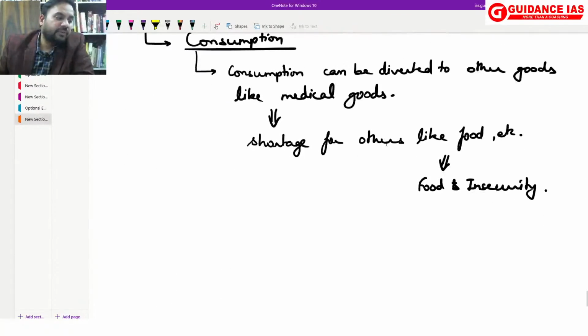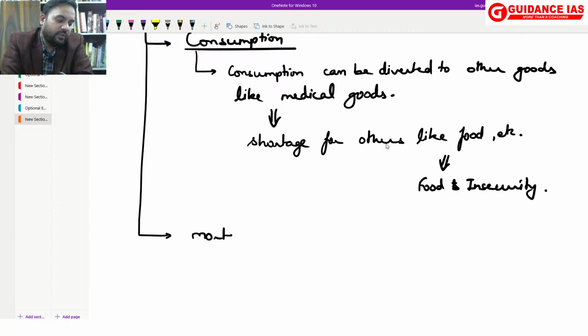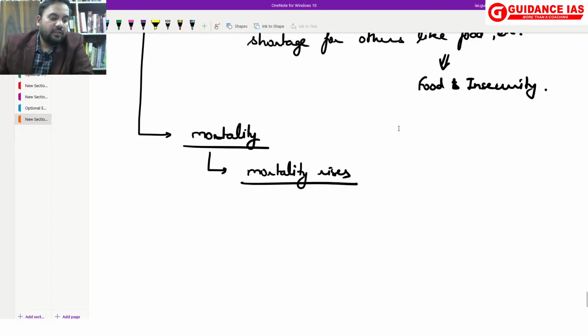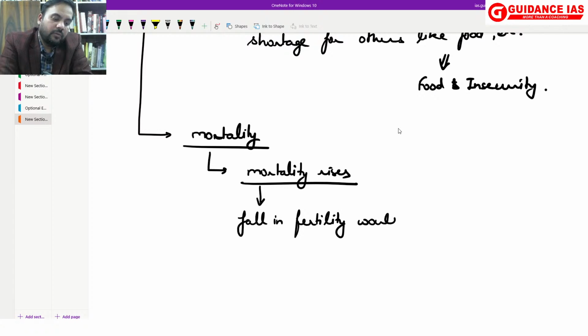And if you want to take the factor of mortality, like suppose you talk about mortality. So in general what happens? Mortality rises in such emergencies. Now, if mortality increases, can I say fall in fertility would stop?